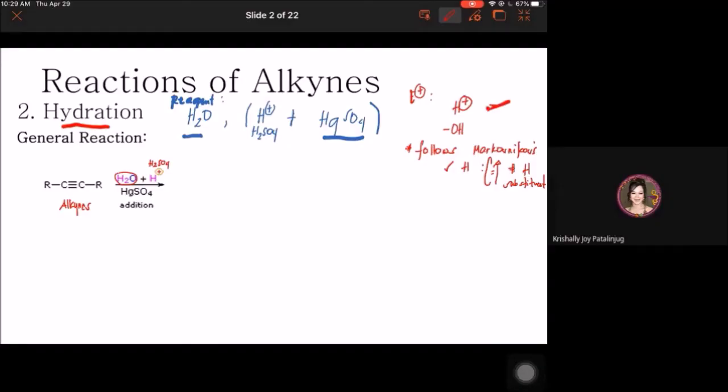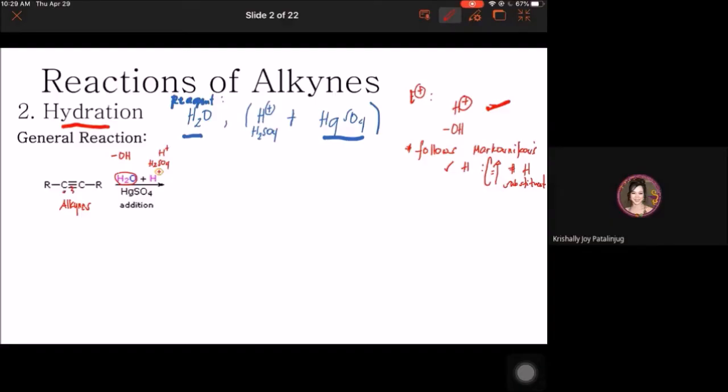This is also facilitated by a catalyst, mercuric sulfate. So again, the electrophiles produced are the OH coming from the water and the H plus donated by the sulfuric acid. In the reaction, the first pi bond will break.